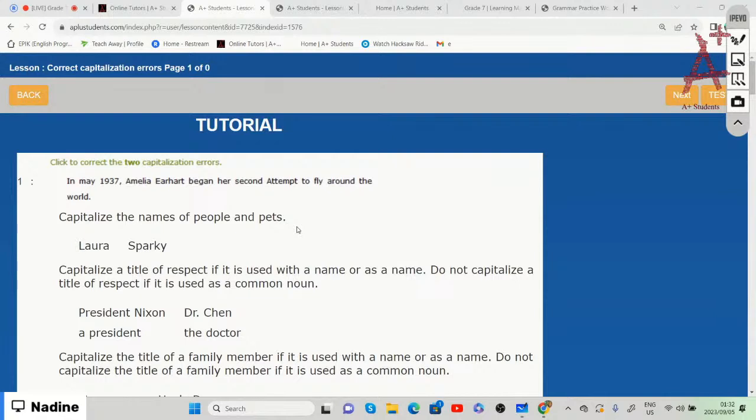Because remember, general words, we do not capitalize. We only capitalize proper nouns, titles, if we specify something.